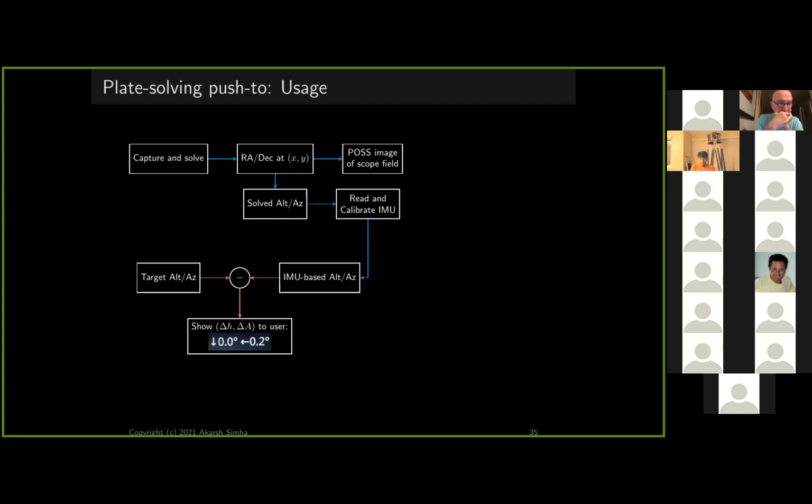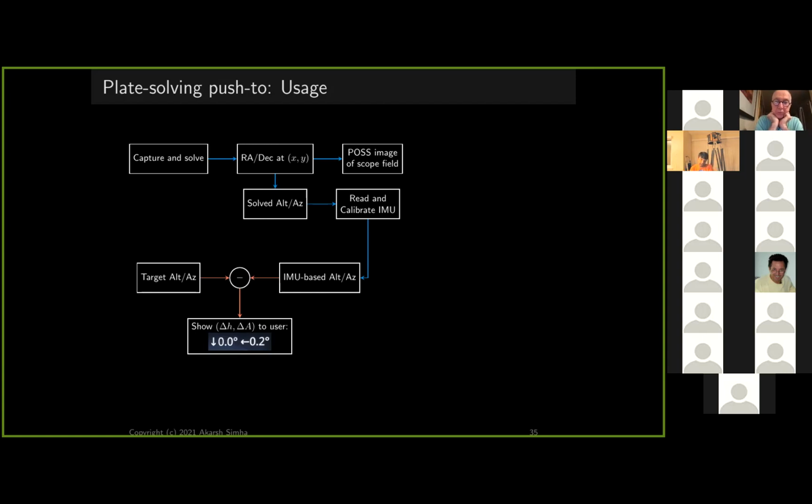But now, because I have just recalibrated the IMU freshly at every plate solve, I'm able to trust the IMU over short movements or short periods of time, and use the IMU to give guiding instructions in altitude and azimuth. How do I move my telescope?